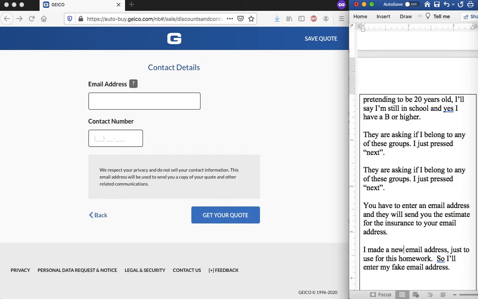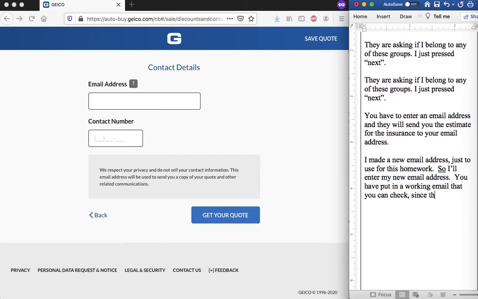So this is my new email. I made a whole new email just so I can use this. You have to put in a working email that you can check, since they will send the insurance estimate to that email.